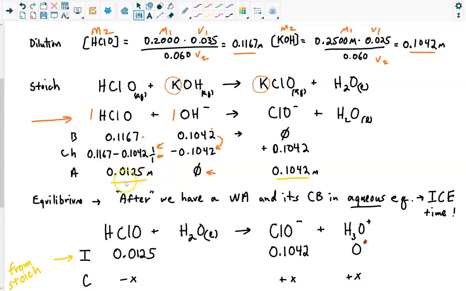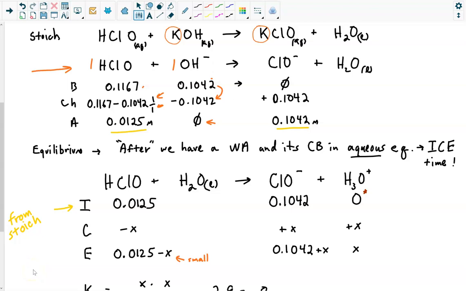So you end up with 0.0125 molar HClO. And then, well, what about the ClO minus? Well, its concentration is going to go up because for every HClO that is neutralized by KOH, you create some ClO minus.